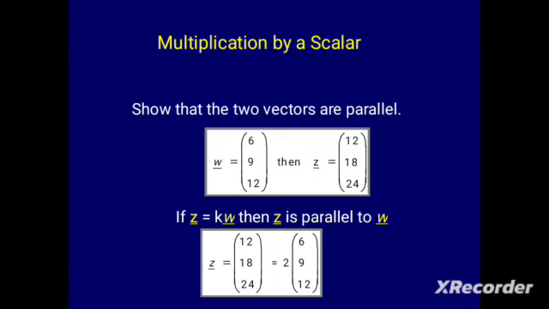Now it is right to say that vector z, which is (12, 18, 24), is equal to 2 times (6, 9, 12). So the value of k has been taken care of. This implies that vector z is equal to 2 vector w.